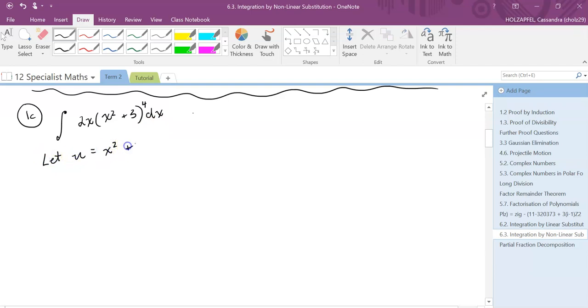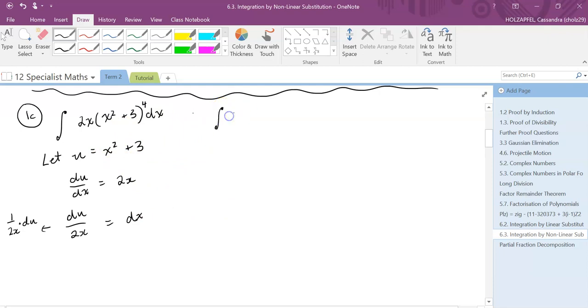So u is equal to x squared plus 3. The derivative of u with respect to x is going to be 2x, and if I rearrange that, I'm going to get du over 2x is equal to dx, which remember is just the same thing as saying 1 over 2x multiplied by du.